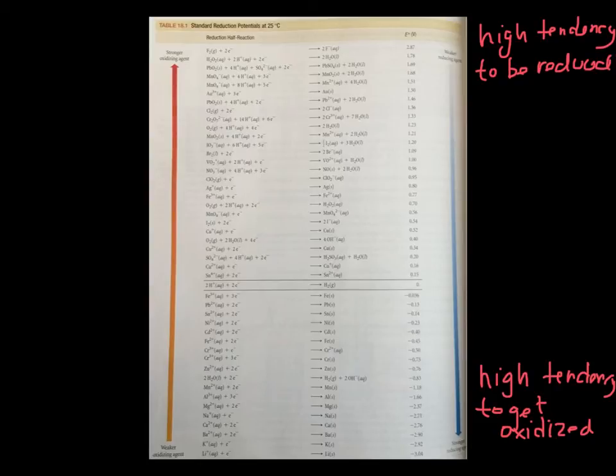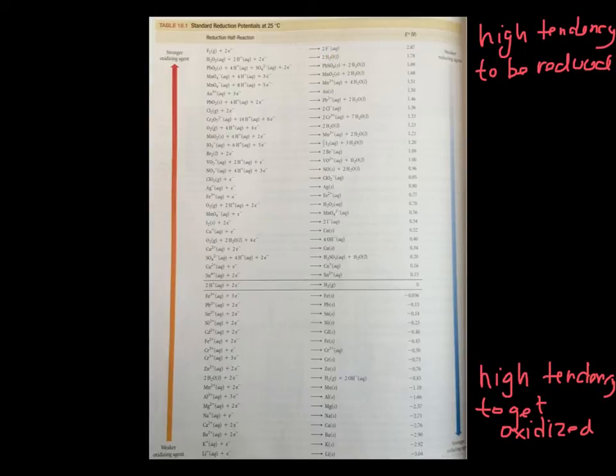If we look at the list, the highest one up here is fluorine gas going to F-, and we know that fluorine has a high electronegativity, and so fluorine really wants to gain those electrons and go to F-, so this really wants to happen.